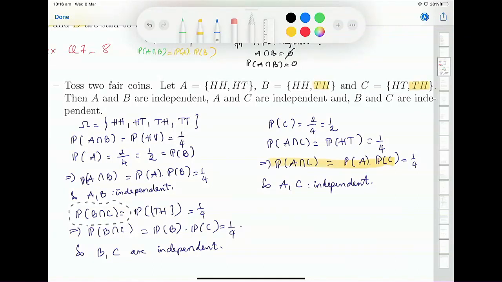And again you have this equality, which means that B and C are independent. Any question? No?